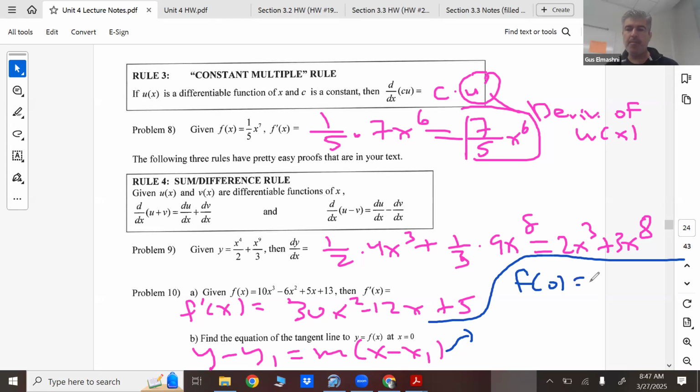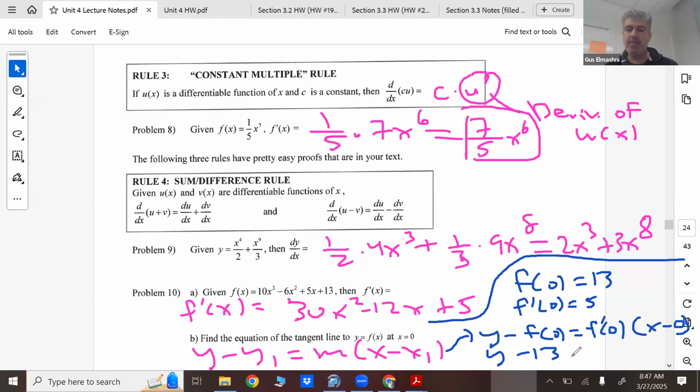What's f of 0? 13. What's f prime of 0? That's 5. So when you work this out, it's going to be y minus f of 0 equals f prime of 0 times x minus 0. And what's f of 0 again? What's f prime of 0?